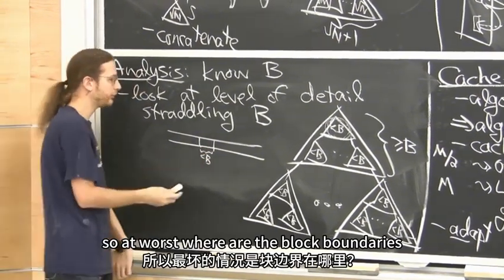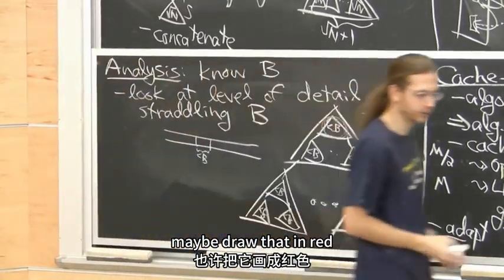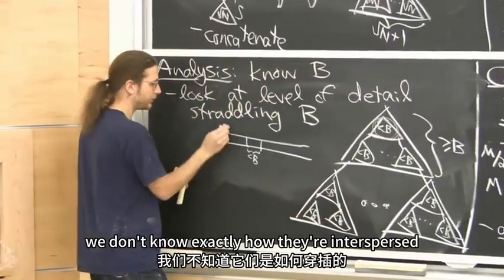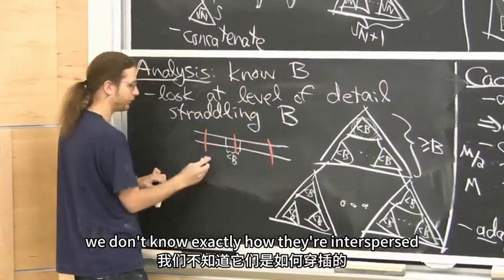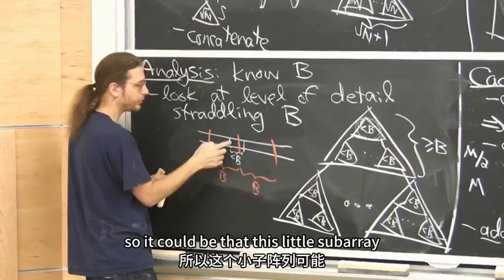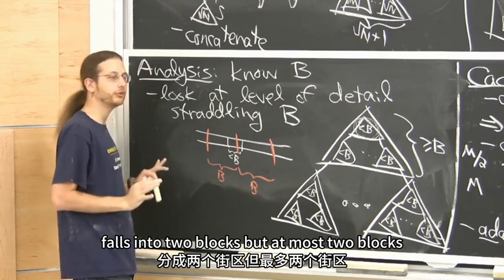So at worst, where are the block boundaries? Maybe draw that in red. Block boundaries are size B. We don't know exactly how they're interspersed, but let's say these are the block boundaries. So it could be that this little subarray falls into 2 blocks, but at most 2 blocks.